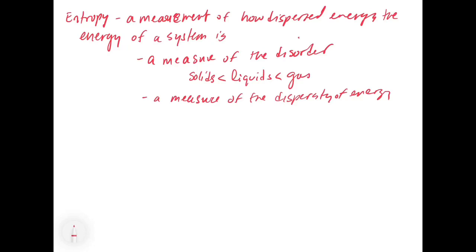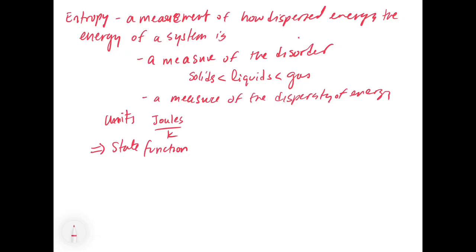So entropy is a measurement of how dispersed the energy of a system is. And its units, and this is important, the units of entropy are joules per Kelvin. And another thing that's important about entropy is that it's a state function. So we remember, if you go back to chapter 6, enthalpy is also a state function.